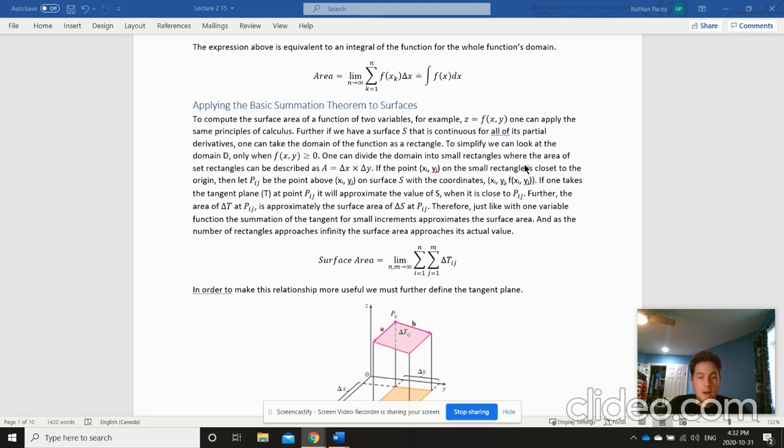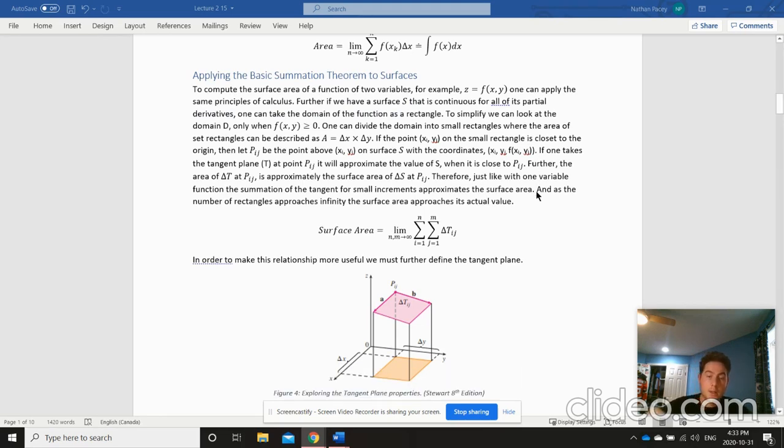Let's say the area is, again, delta x and delta y. So if we have a point xi and yj on the small rectangle that is closest to the origin, we'll call it P of i and j, the point above x and y on surface S. And this will have the coordinates you can see here of xi, yj, and f of xi and yj.